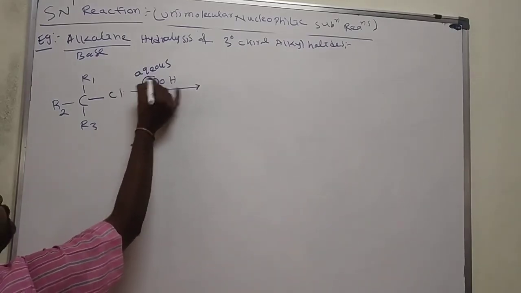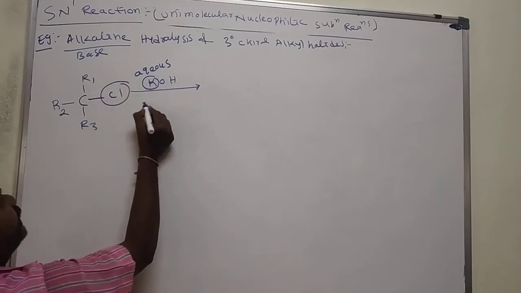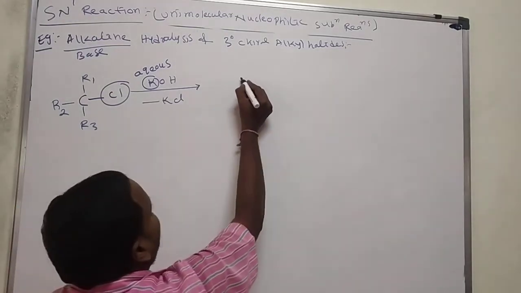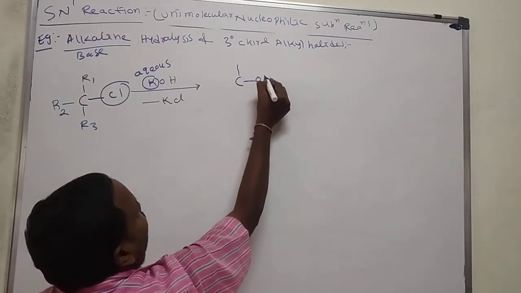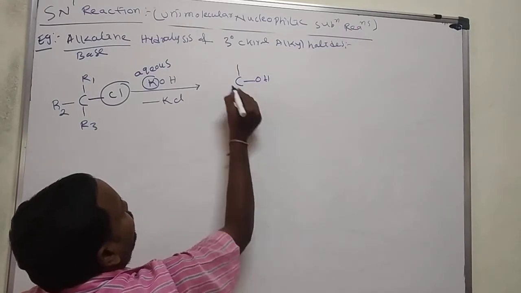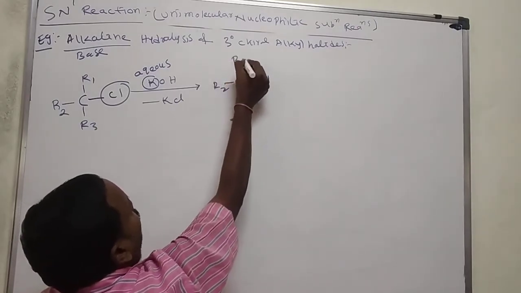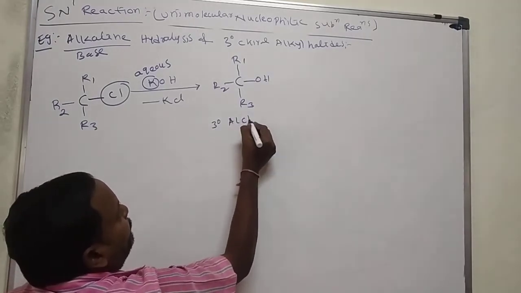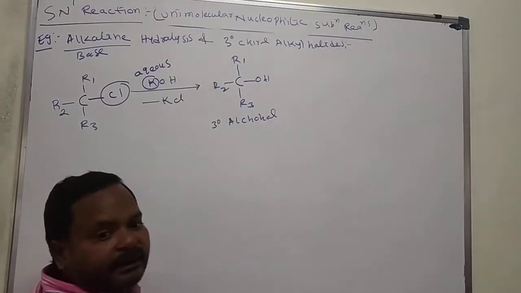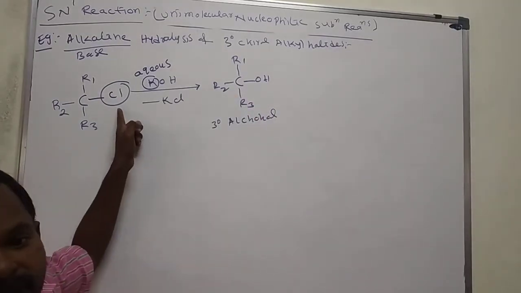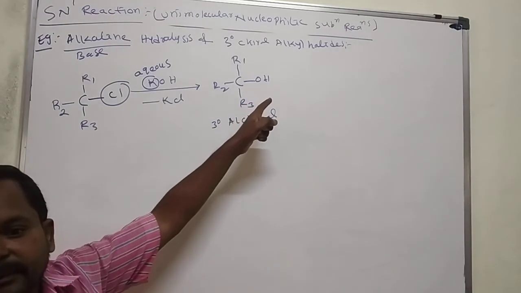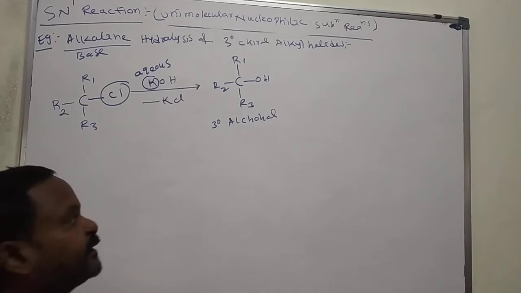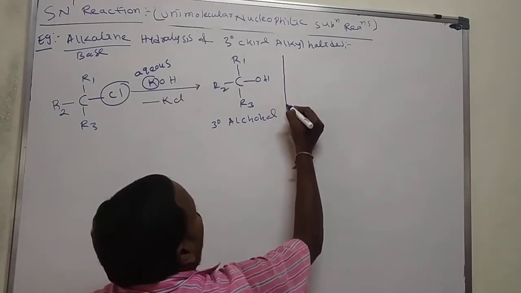The Cl is lost in the form of KCl and forms OH, with R3, R2, R1. This we call a tertiary alcohol. An OH group is there, so we call it alcohol. We'll get this one, and along with this, we'll get one more alcohol.